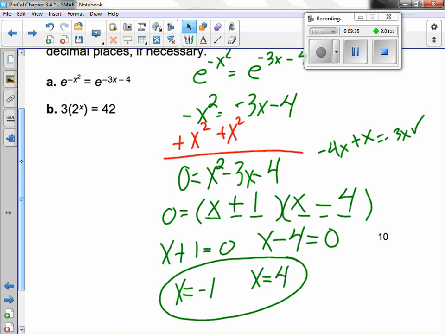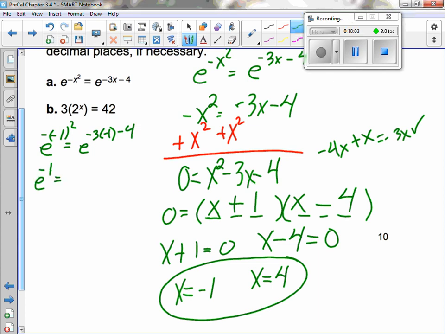Now, because it's in the exponents, we don't have to worry about restrictions. If it's positive or negative, that's fine. Because if we plugged it in, so negative 1, well, negative 1 squared is 1, but because of the negative outside, it's going to be negative 1.